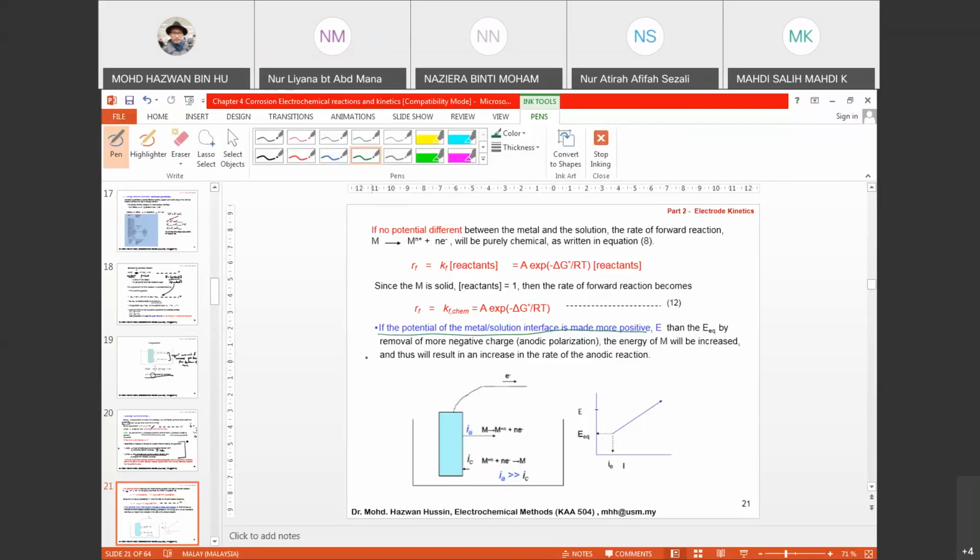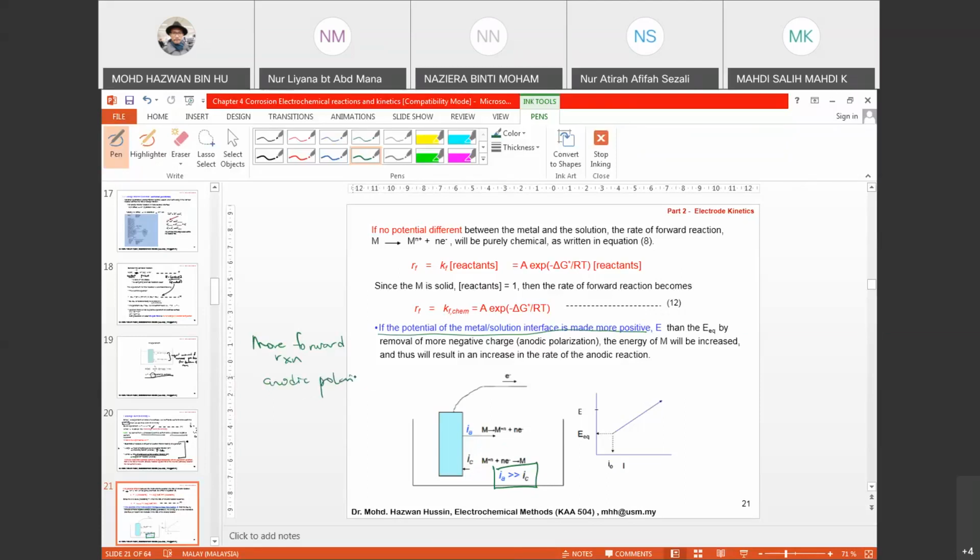This is true, because if you increase the potential, make it more positive, then you have more forward reaction, isn't it? Because you increase the potential over here, the reverse reaction will be smaller. Of course, this tells you that the anodic current density will always be greater than the cathodic current density because we already adjusted it to become more positive.